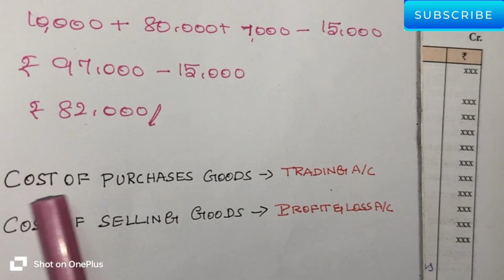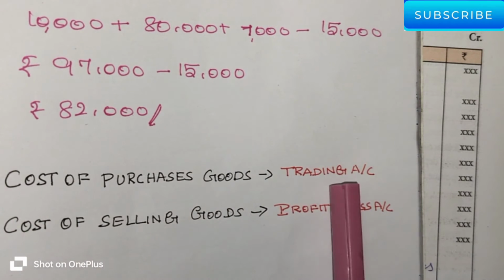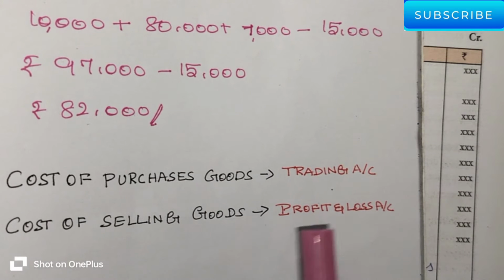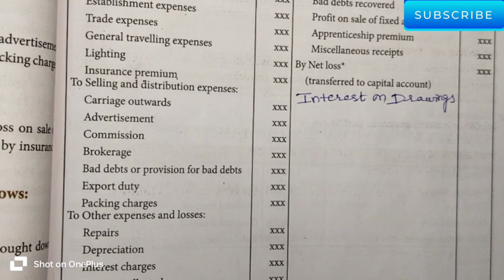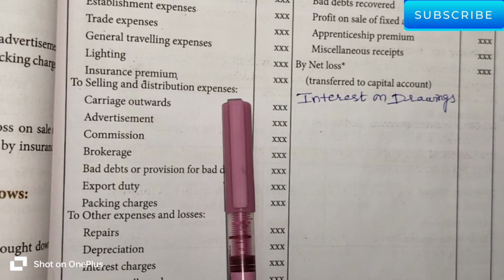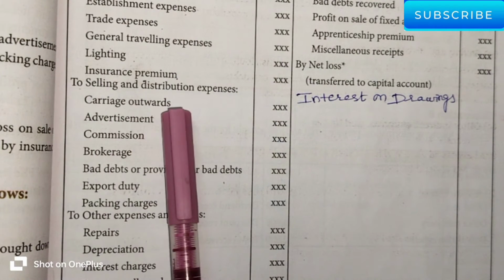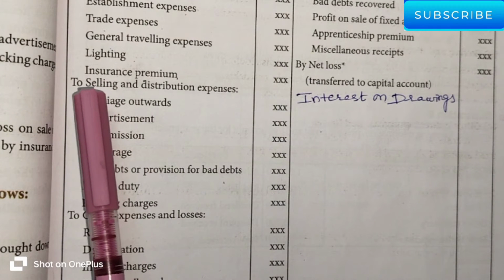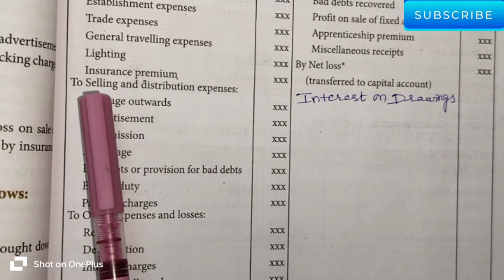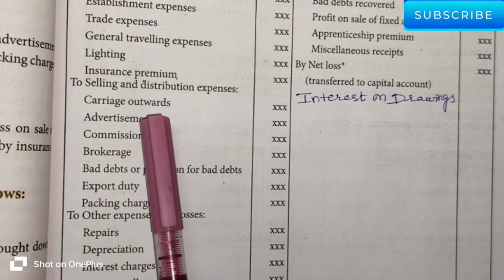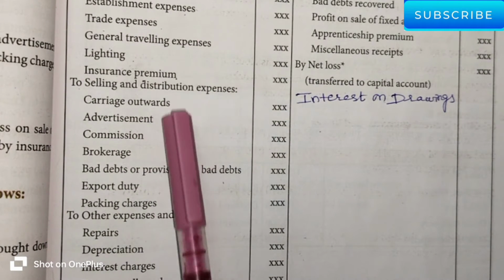What items come under selling and distribution expenses? Carriage outwards. Remember, carriage inwards is entered on the debit side of the trading account, but carriage outwards is entered on the debit side of the profit and loss account.